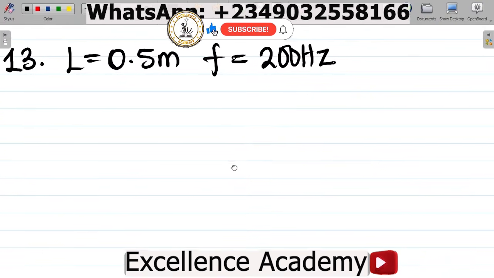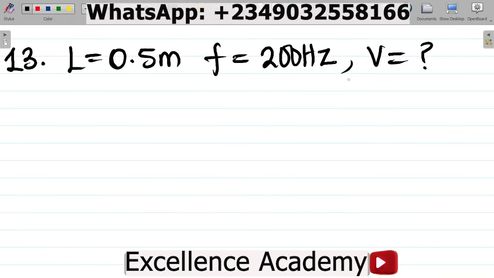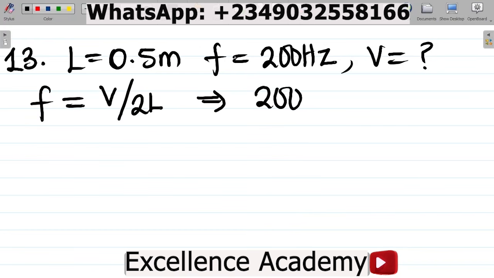Now, for this question, note that if you're given length and frequency, and you're asked to find speed, you want to note the formula that relates all three, let's say speed V, it's equal to unknown. The formula that relates these three parameters is that frequency F is equal to the ratio of speed to twice the length. So F is equal to V over 2L. The value of F is 200, equal to V all over 2 times L. The value of L is 0.5.